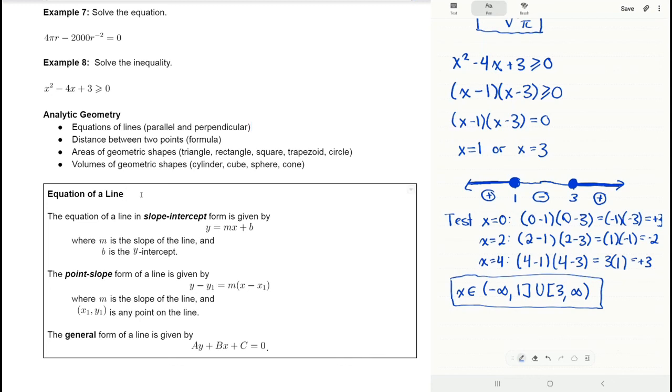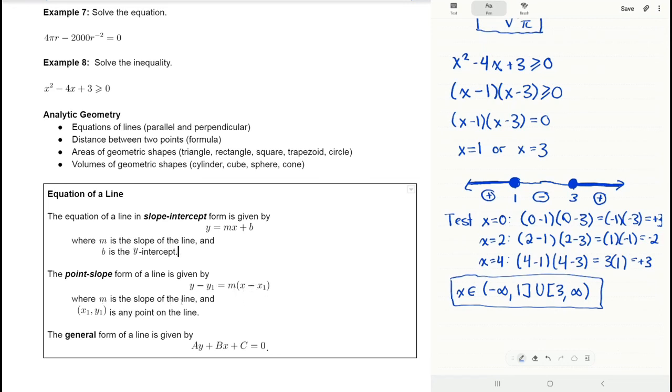So recall that the equation of a line in slope-intercept form is given by y equals mx plus b, where m is the slope of the line and b is the y-intercept. Another form that I will be using more often is called the point slope form. This is given by y minus y1 equals m times x minus x1.